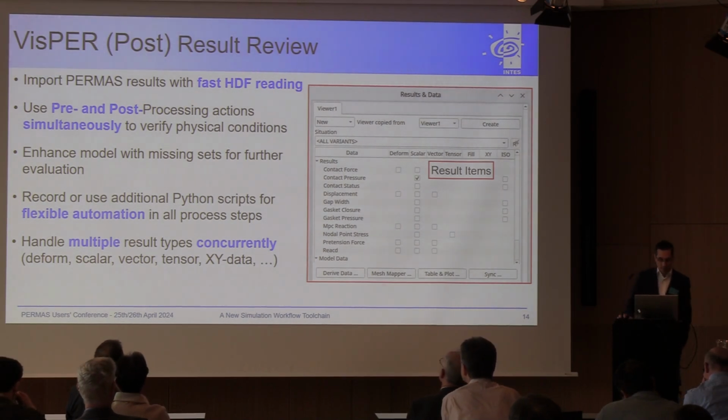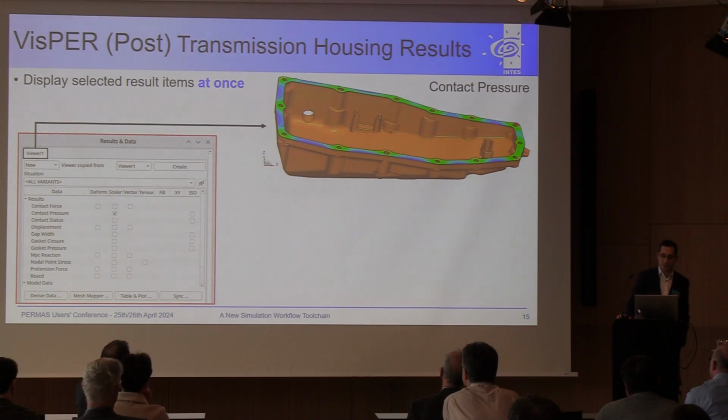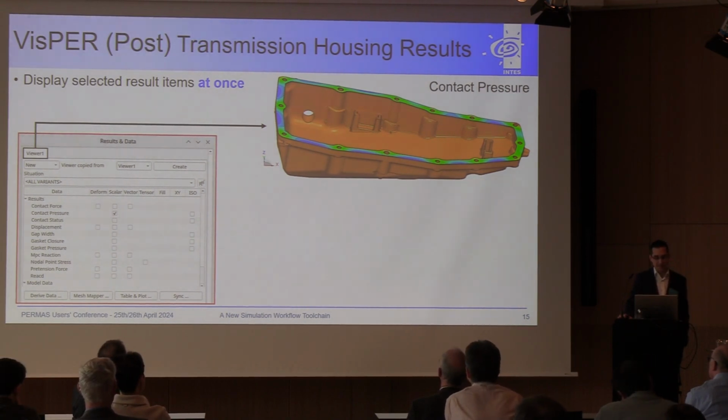I want to focus now on the different results and result viewing possibilities in the new VisPER version. As I said, we're taking a look at these contact results on the oil pan in this model. We start by getting a viewer, and this image is from the last slide. Clicking this on, at once you have displayed the selected results.